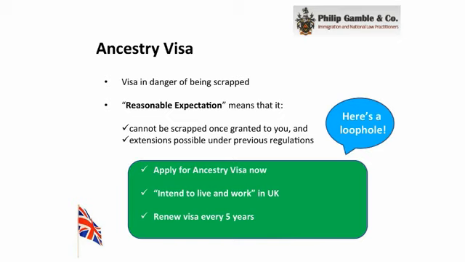Those that have acquired the status are given a 5-year visa, and extensions to that 5-year visa for those holding the status can be granted at the moment on an indefinite basis. So, those that have UK grandparents and come from Commonwealth countries can still come to the UK to live and work.